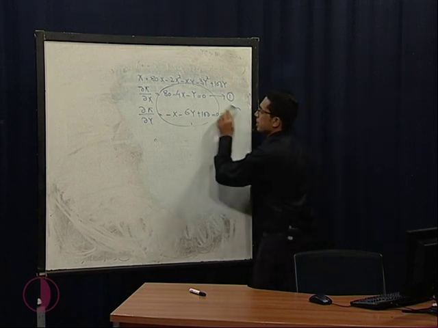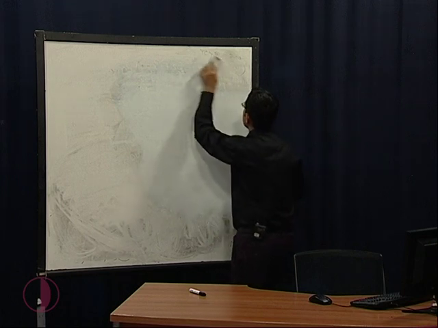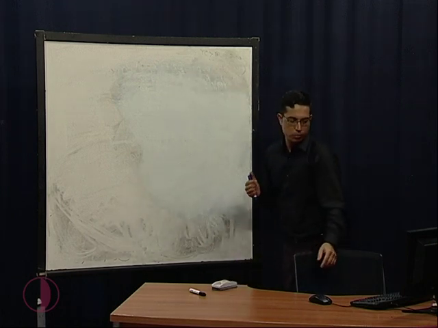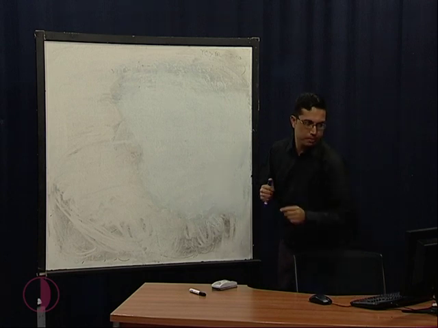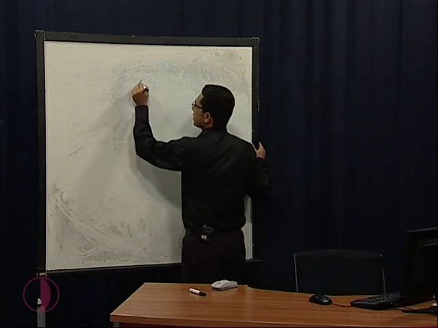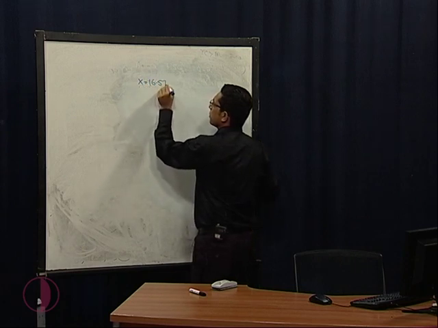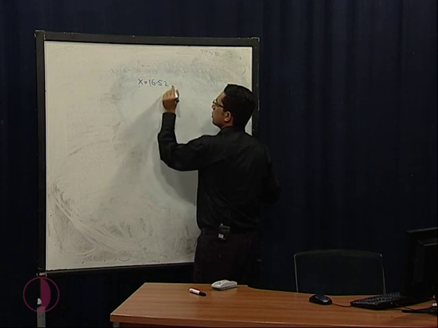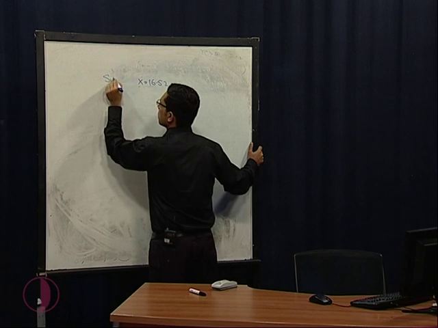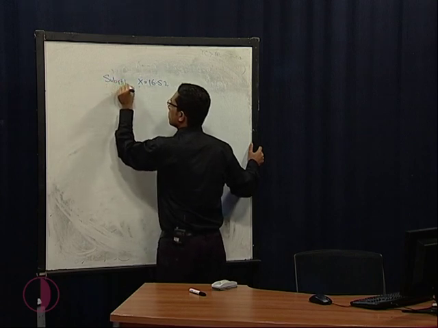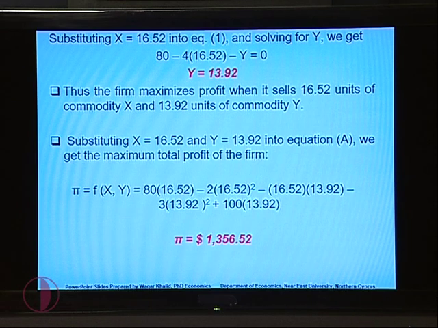Now the question is how we will get the value of commodity Y. That is very simple. Substitute x is equal to 16.52. So substituting x is equal to 16.52 into equation 1, we can get y.